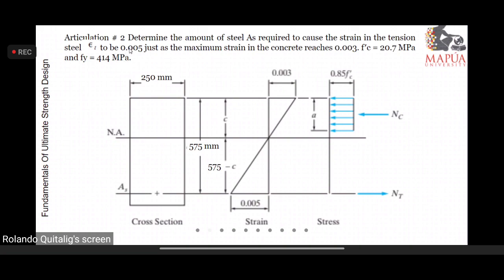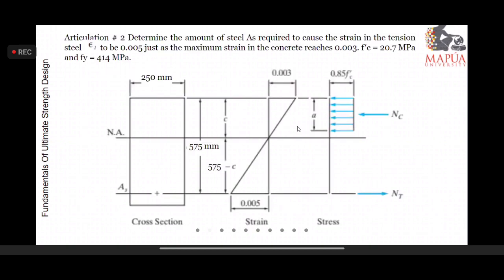What we are going to deal with is the magnitude of this strain, that's 0.005, and this is equal to the c as defined from the neutral axis to the extreme concrete compression fiber. This is the difference of the effective depth and the c. And this will be a, that's beta 1 times c, 0.85 fc prime, Nc, Nt, and you know this already, as C, d minus a over 2.